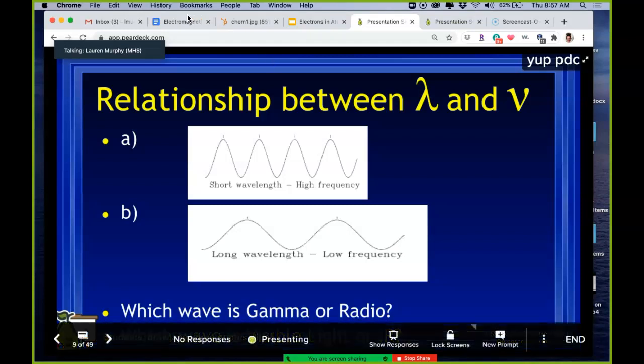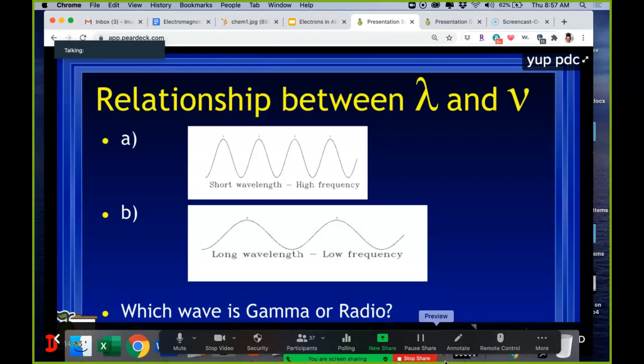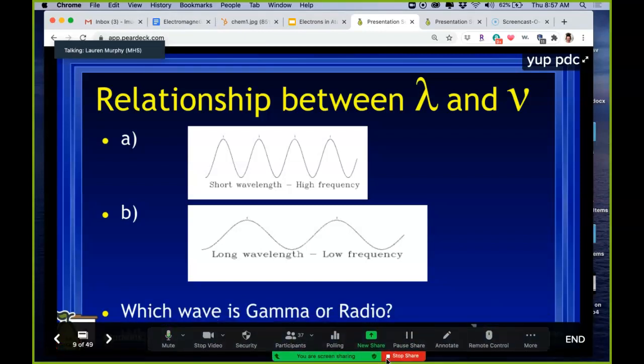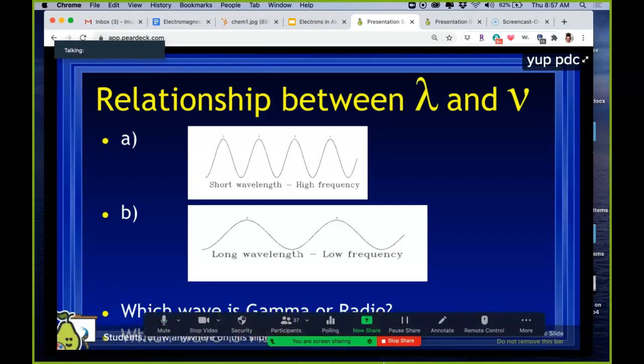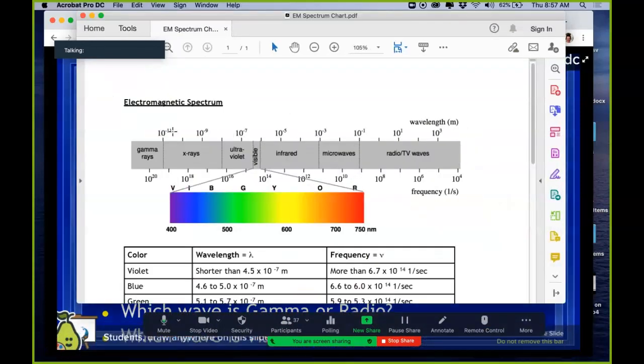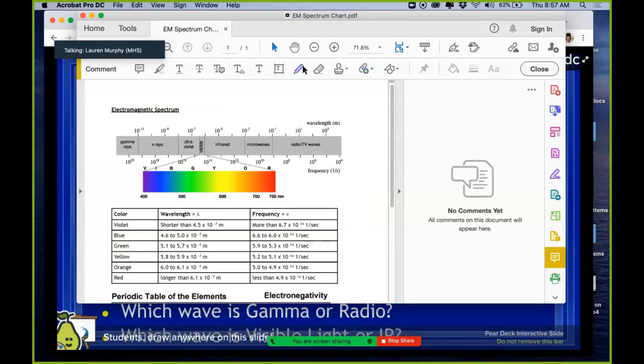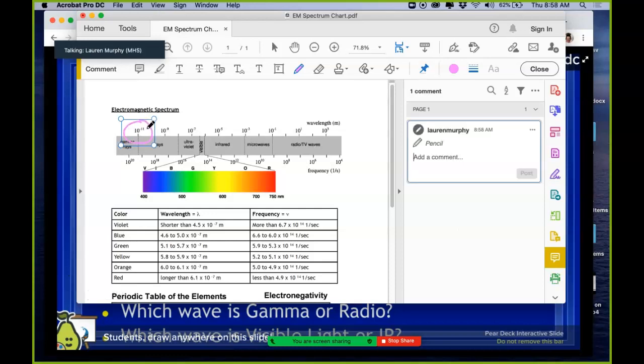Let me pull it up. So here it is. Look, gamma radiation is down here. And wavelength up here is labeled in meters. If you look at the powers of 10, 10 to the negative 11 is a really, really small wavelength, okay?